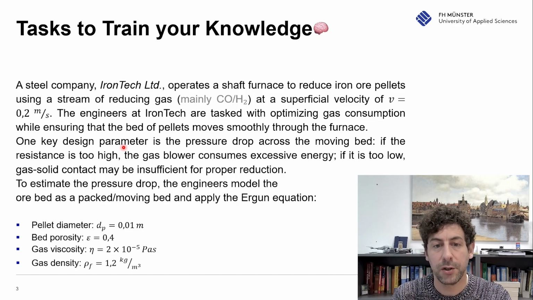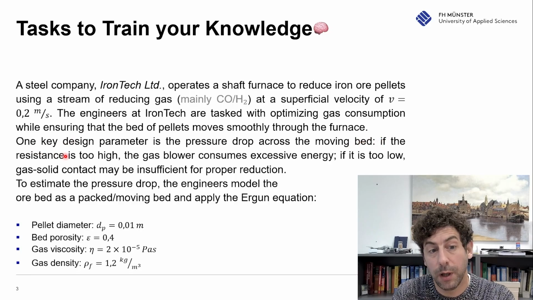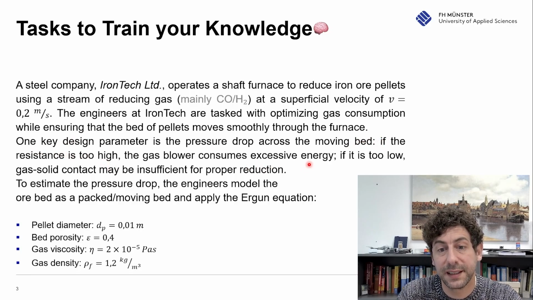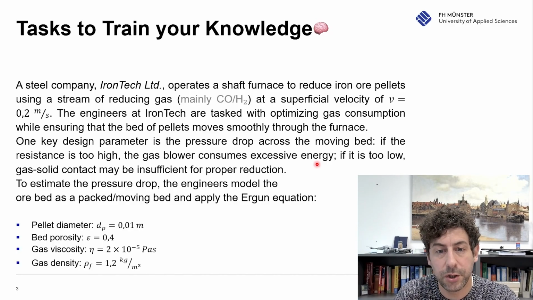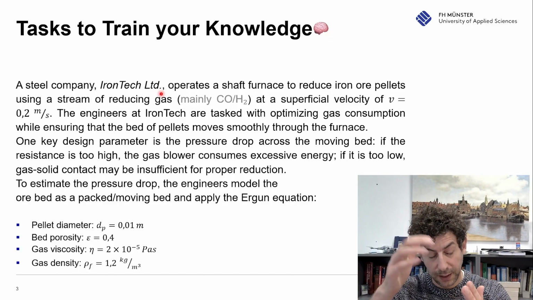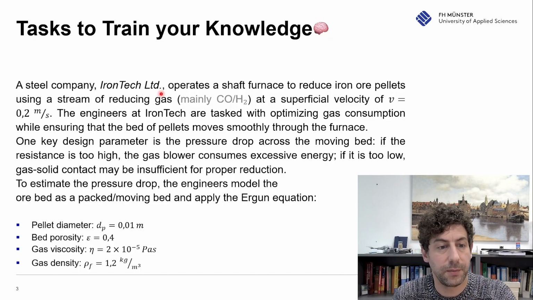So we are losing energy from the gas. And if the resistance is too high, the gas blower consumes excessive energy. So we really have to pump a lot of energy into the system, which we lose due to pressure drop. But if it's too low, the gas-solid contact may be insufficient for proper reduction. So we need a certain flow so that enough gas comes to the surface of the particle.